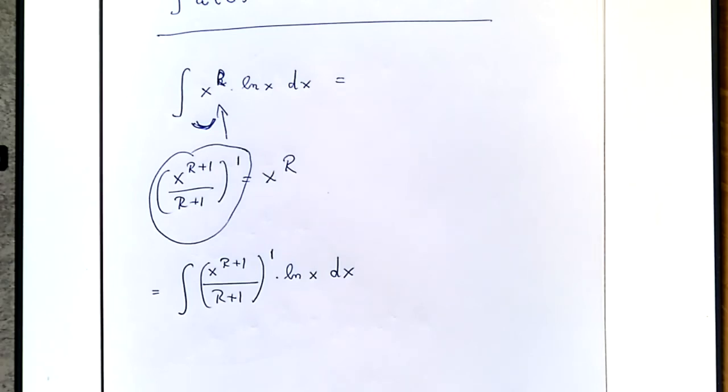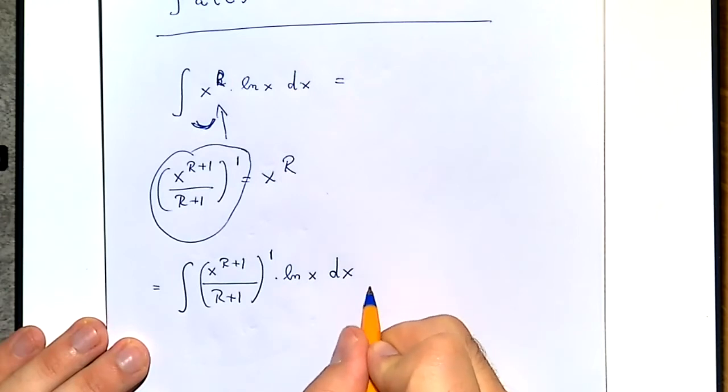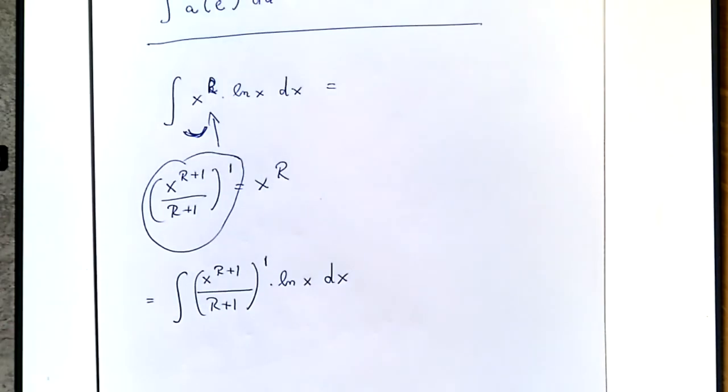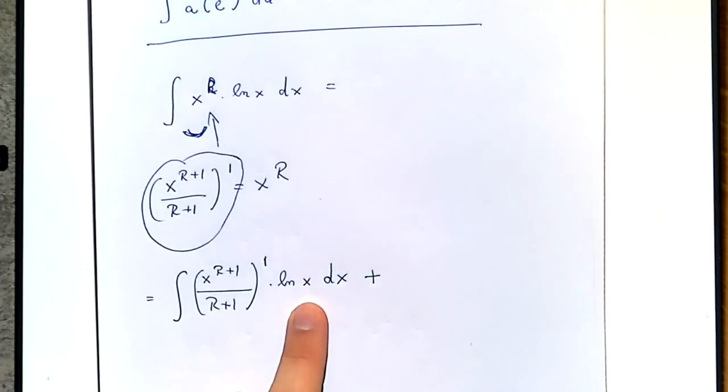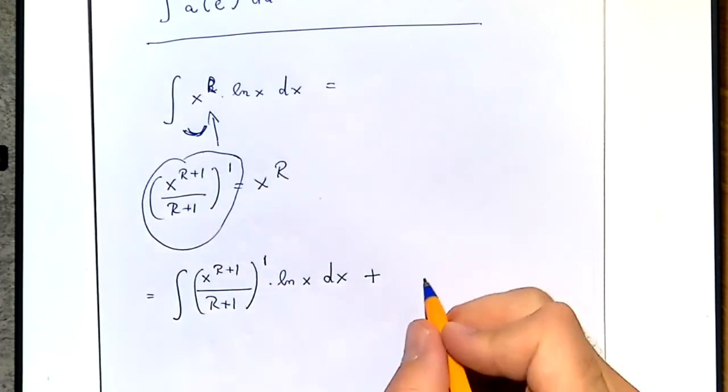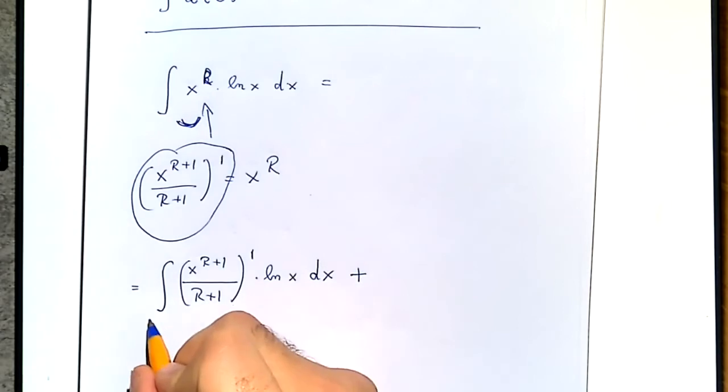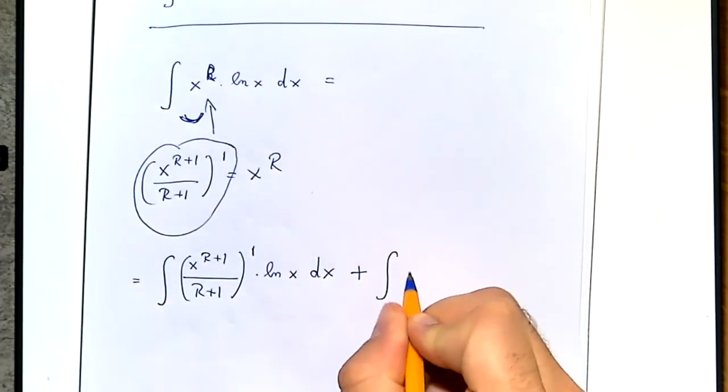Now, in order for me to apply the integration by parts thing, I need to add the term that keeps the first thing on without a derivative and takes a derivative of the second thing. So I'm going to add an integral.